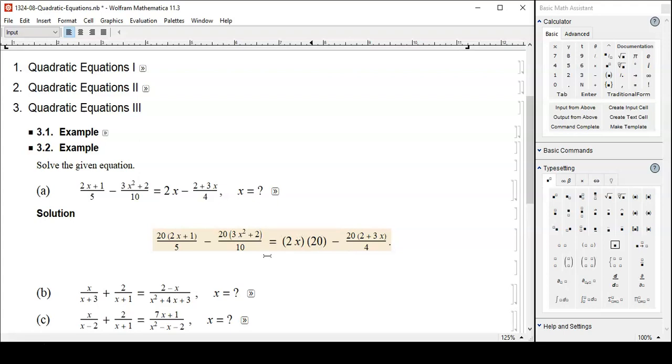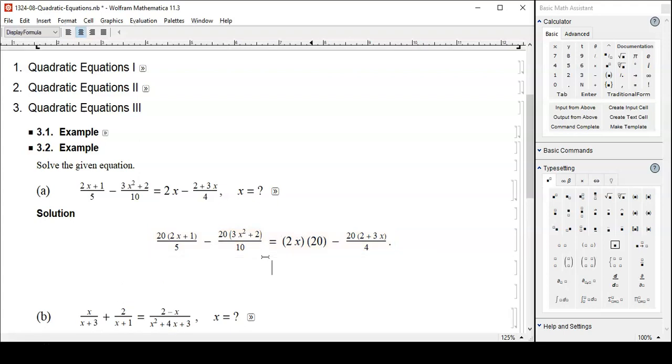Okay, what do we do next? Some people try to break up parentheses here, but that's not a good idea. Remember, parentheses belong to step 2. Step 1 is to kill off the denominators. That was the purpose of this multiplication. So 20 divided by 5, that's 4.